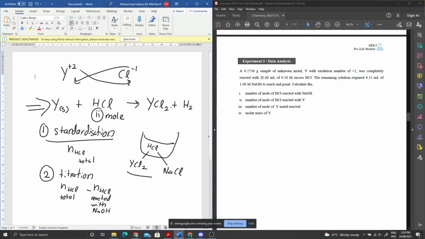Jangan lupa balance dulu baru buat stoichiometric comparison. Okay, you balance the equation, you dah tahu mole ini.